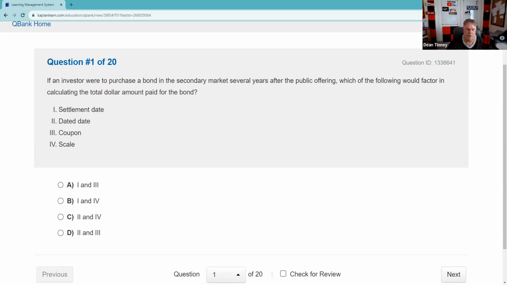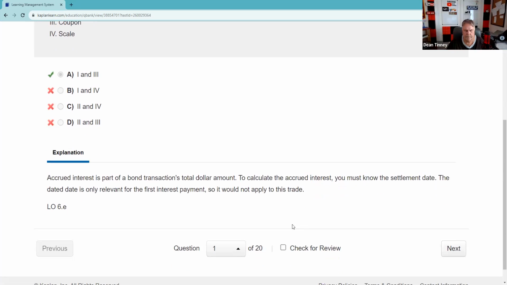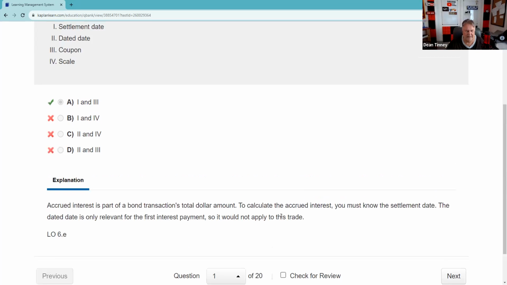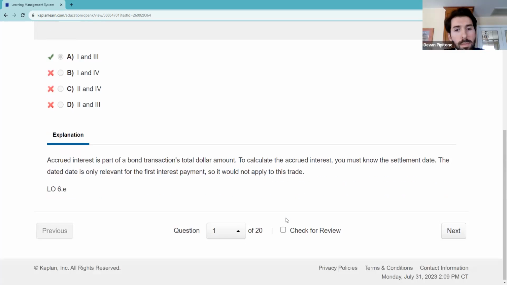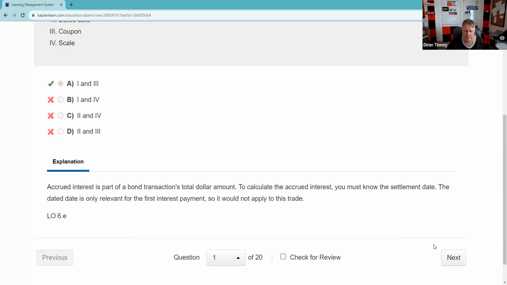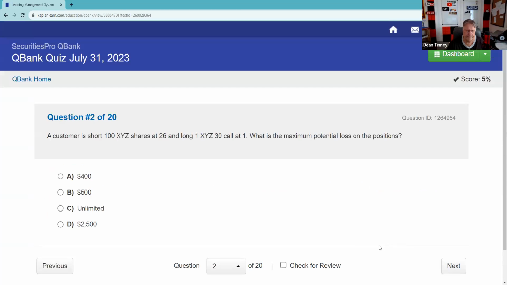So indeed, 1 and 2. I think we've got a typo with Kaplan, because that's not one of our choices. So I think we're going to have to go with 1 and 3. Accrued interest, there we go. Settlement date for the first interest payment. And then the coupon. I don't like the coupon, so I'm disagreeing with this one. I'll take it up with our Kaplan subject matter expert.